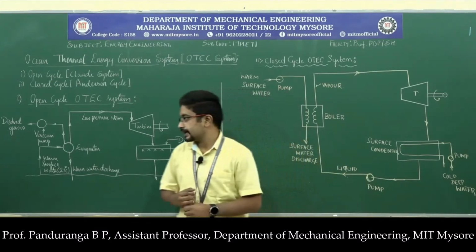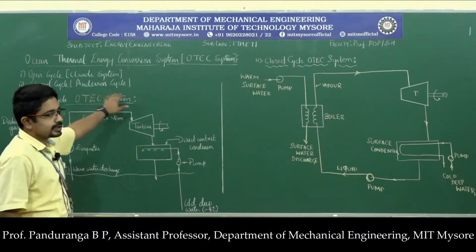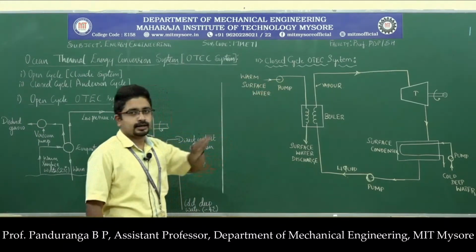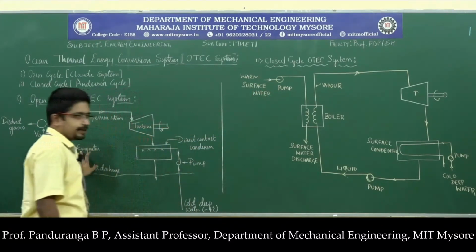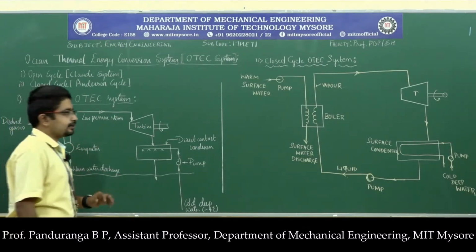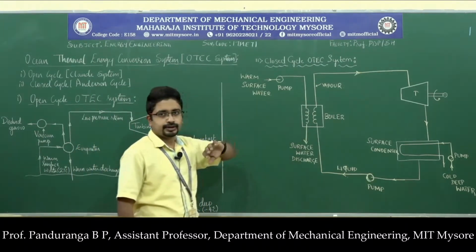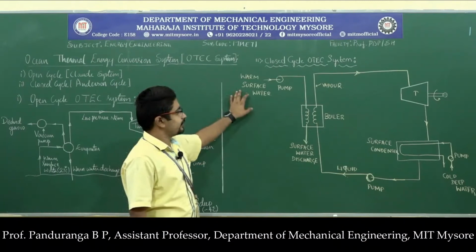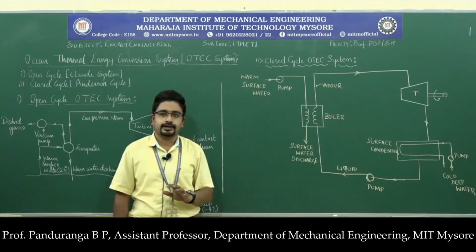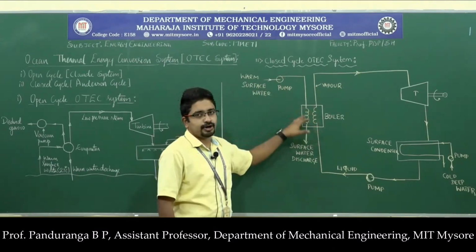So the second method is closed cycle OTEC system or Anderson cycle. In closed cycle OTEC system, instead of having a flash evaporator, what we have here is a heat exchanger. So what we do here is we take surface warm water which will be at around 25 to 27 degrees Celsius, and that will be passed through the boiler.